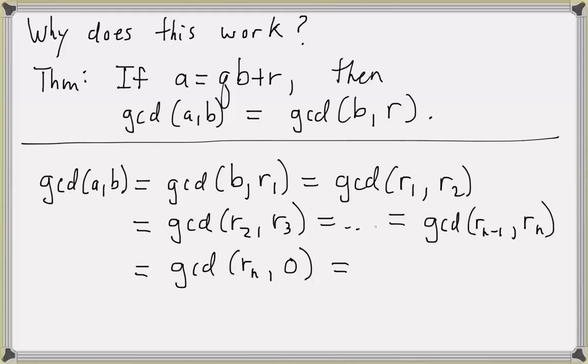But we saw that the greatest common divisor of any integer with 0 is just that integer, so here it is R_n, which is non-negative. So if we can prove this theorem, then that justifies the Euclidean algorithm for finding the greatest common divisors. So here's our theorem.